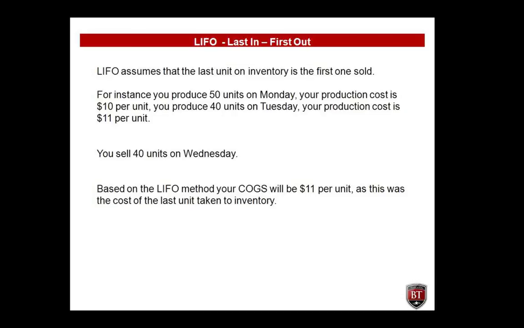You sell 40 units on Wednesday. Based on the last in, first out method, your cost of goods sold will be $11 per unit, as this was the cost of the last unit taken to inventory. It's important to know that cost of goods sold appears on the income statement, while ending inventory appears on the balance sheet under current assets.